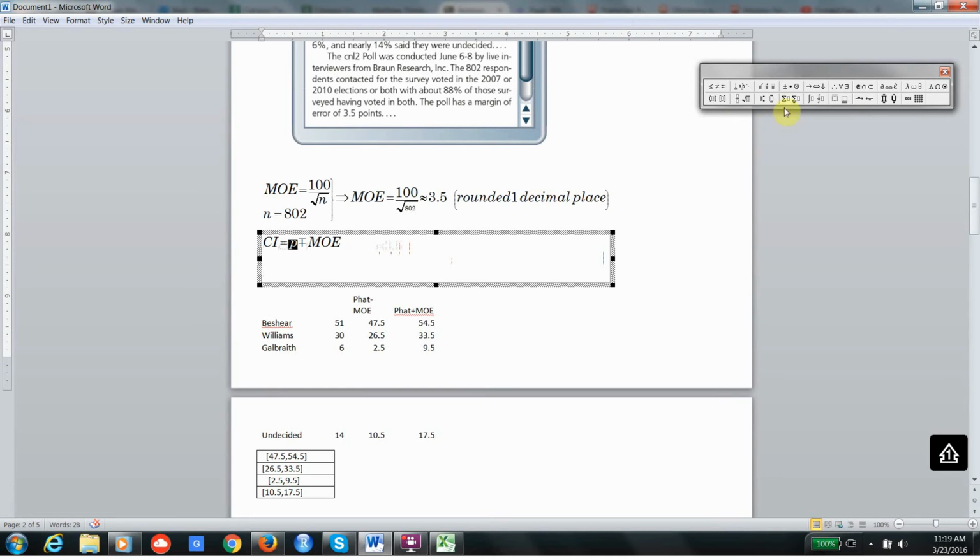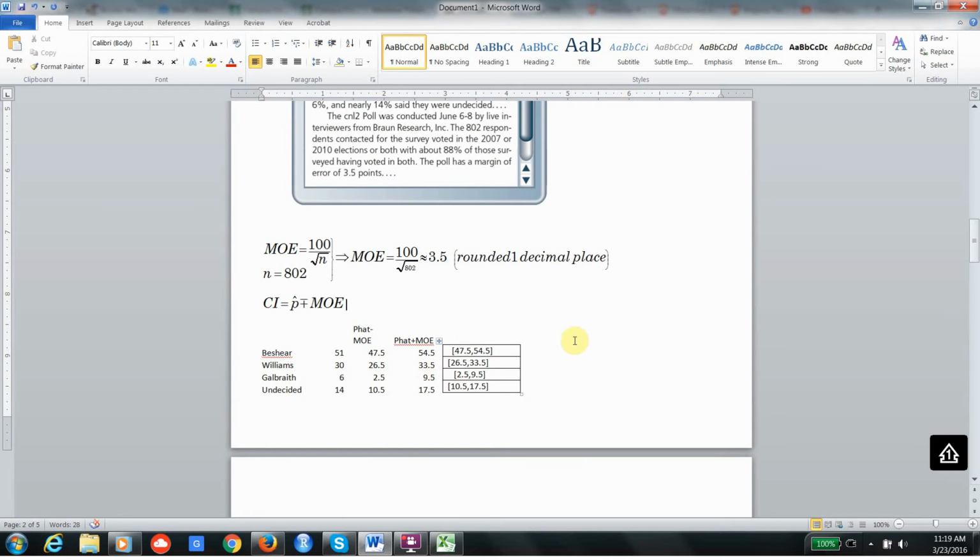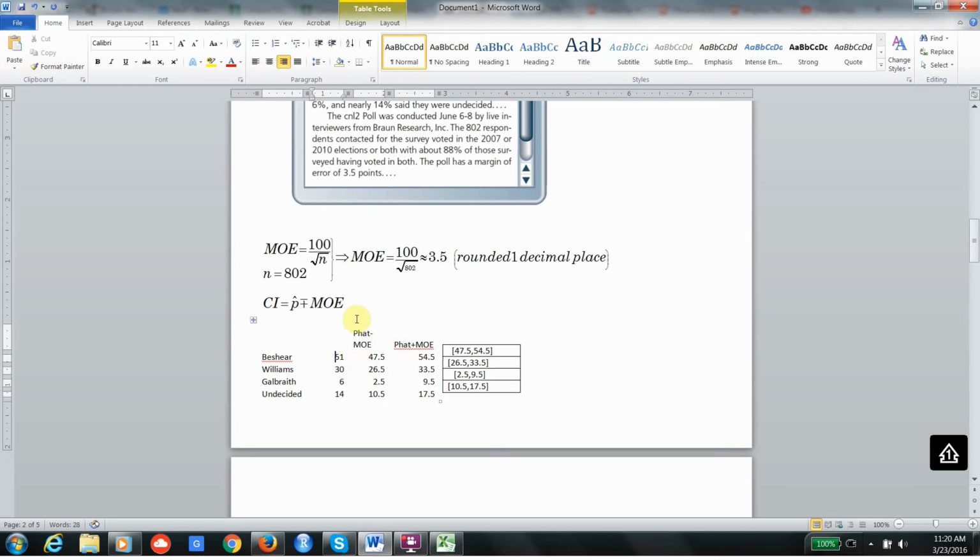I'll put the little p hat on this time. Okay, and so that's the answer. This is the form that you'll put it in. But you also want to know what this means. It means that we think the true percentage of people that will vote for him is in this interval, and all we know is that 95% of the time it will give us the right answer, but we don't know if this is one of those times.